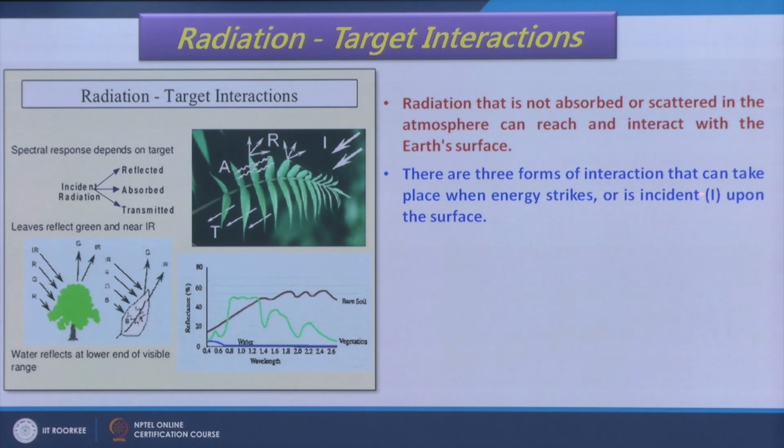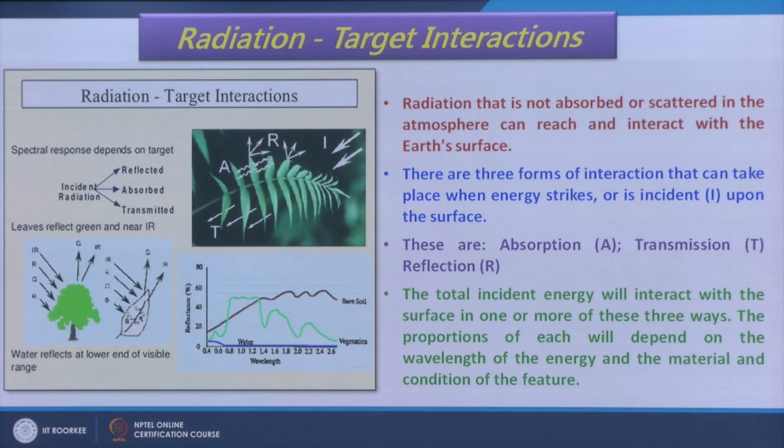Three forms of interaction can take place when the energy strikes, or is incident upon, the surface, and these three are absorption, which we have discussed, transmission and reflection. So, the total incident energy will interact with that surface in one or more of these three ways. The proportions of each will depend on the wavelength of energy, which is very important, and the material and the conditions of the features.